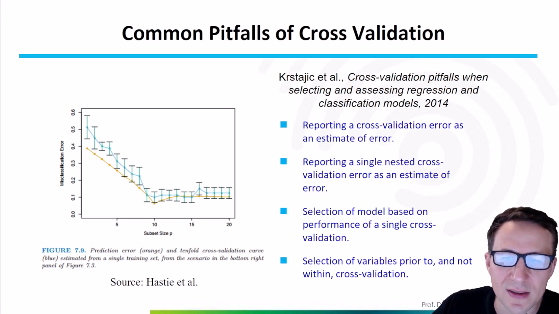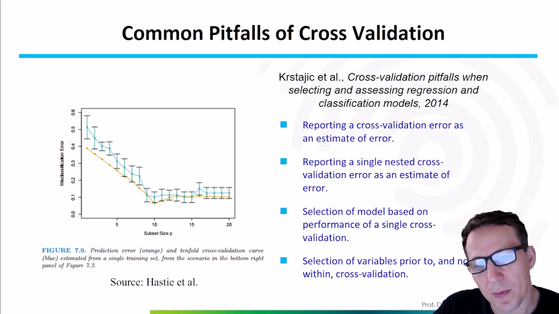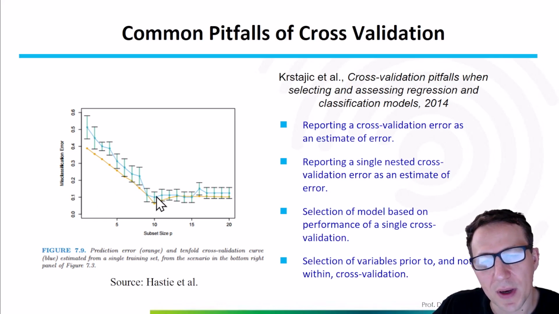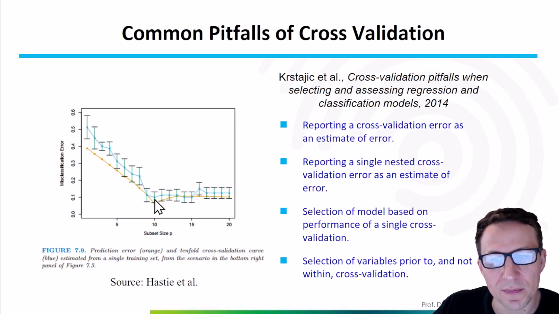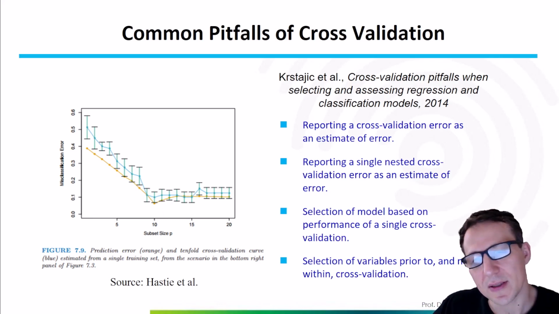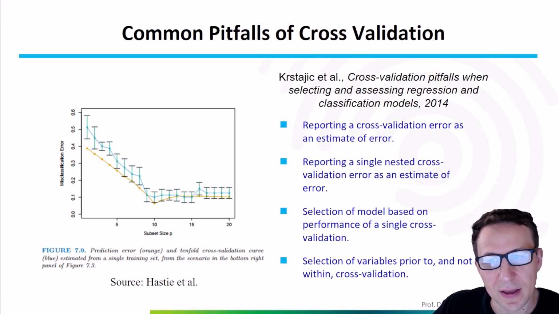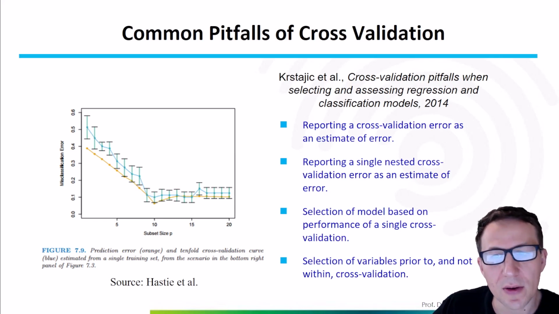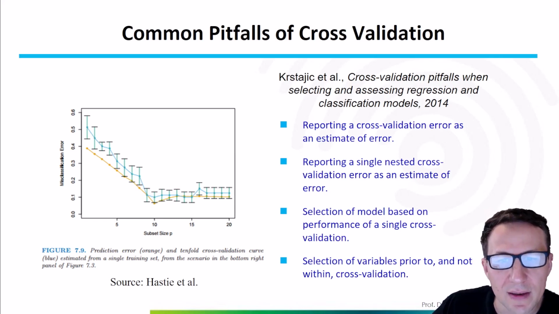That is not necessarily true, because the performance estimate of 0.12 is kind of optimized by you by identifying the minimum here. So what should be done now is that you should have independent data that you have not used for this cross-validation run. And then take this model with 10 parameters and train it on your whole data set, and then estimate the performance on this data set that you haven't used yet.